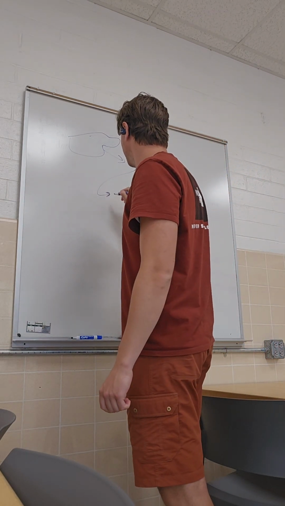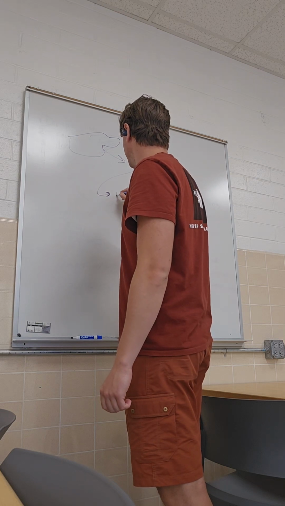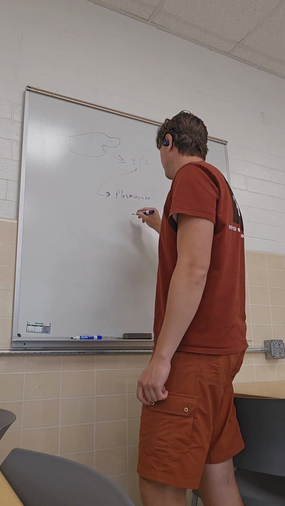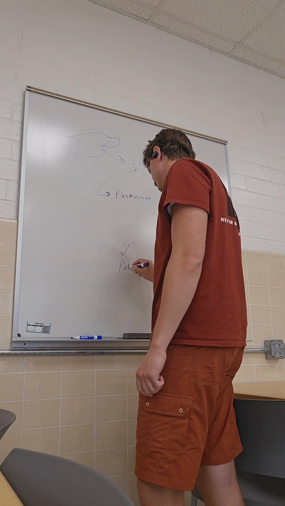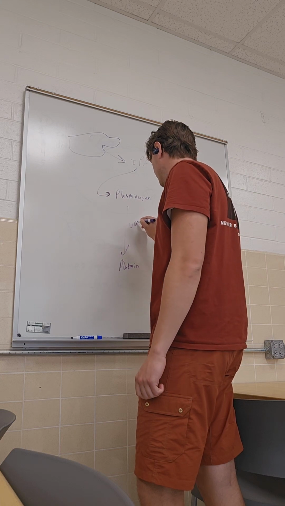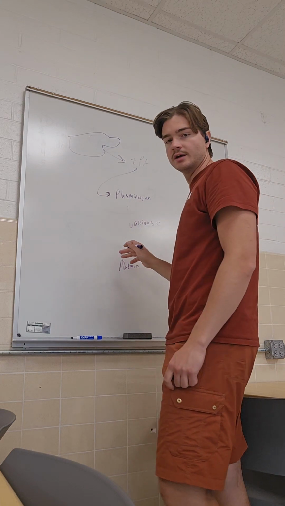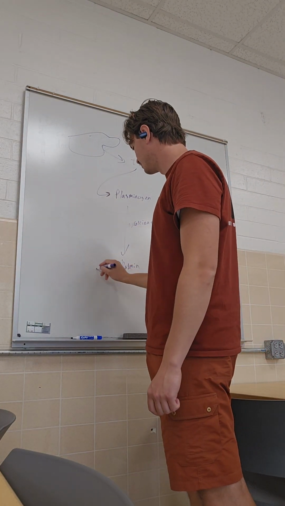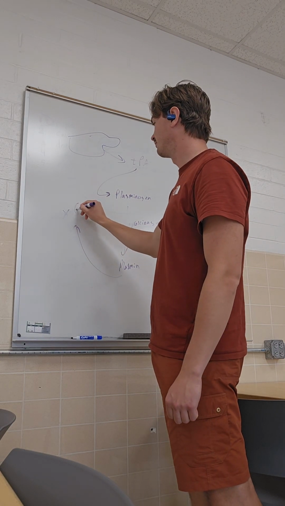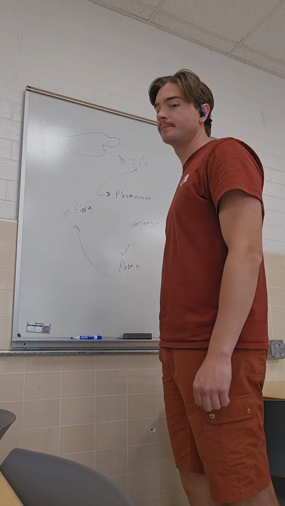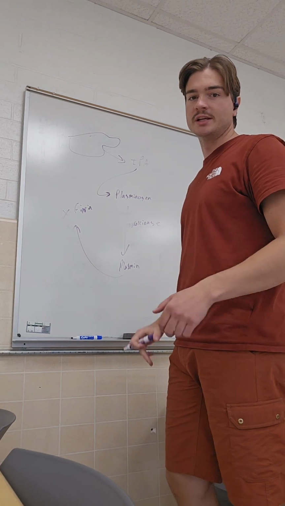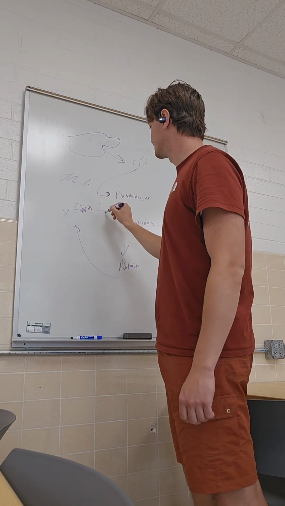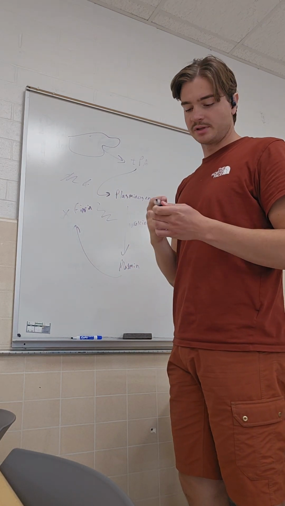This TPA will activate plasminogen, converting plasminogen to plasmin. Urokinase does the reaction. Then plasmin will degrade the fibrin mesh that makes up a blood clot, basically dissolving it, and thus we destroy our blood clot so that we can circulate blood freely and safely.